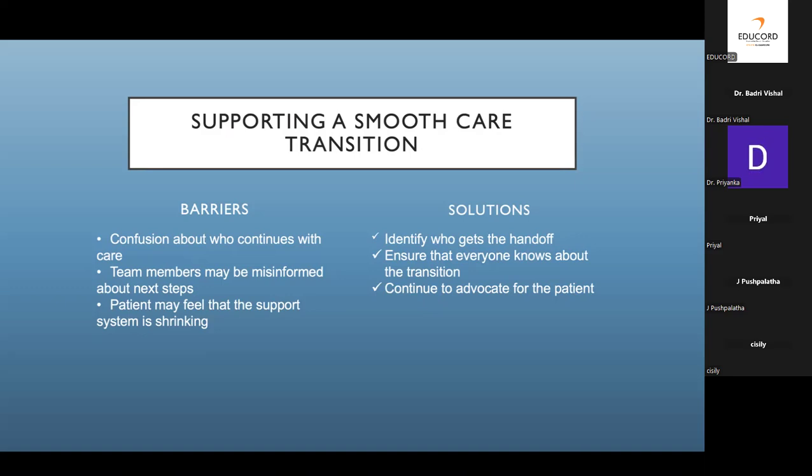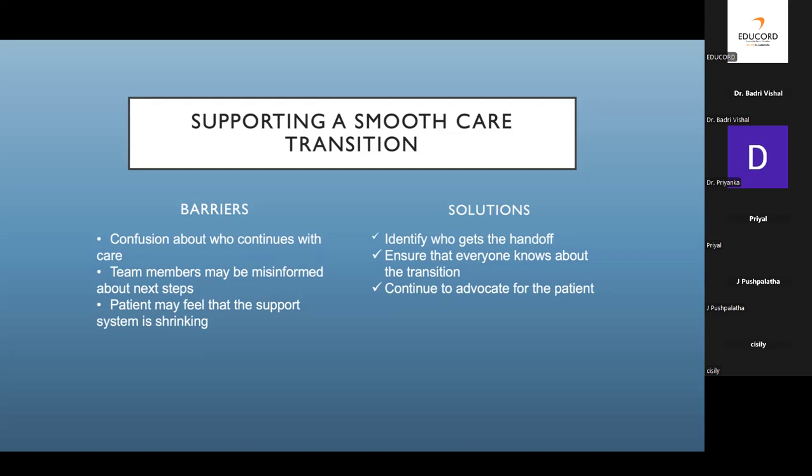You need to advocate for the patient, so the patient does not feel that his support system or care system is shrinking. He or she should have the feeling that now my care system is quite big. Okay, is that clear?